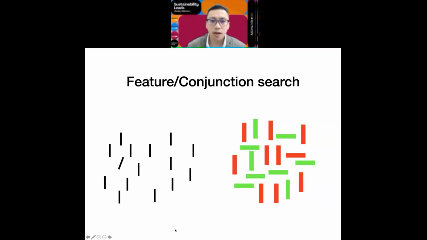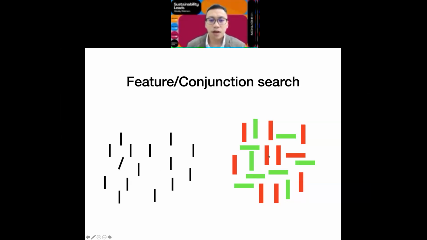So on the left-hand side, you can see it's very easy to find a tilted line here, in a so-called feature search. This kind of search is based on the difference of a single feature. Then you can easily find the target no matter how the set size of distractors, the non-targets, increases.